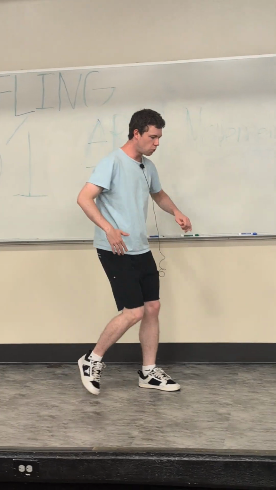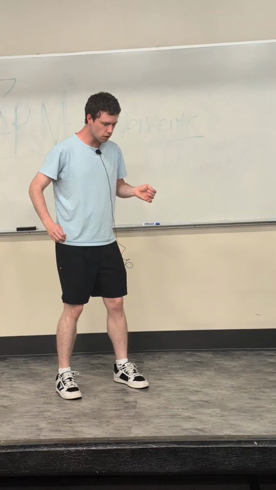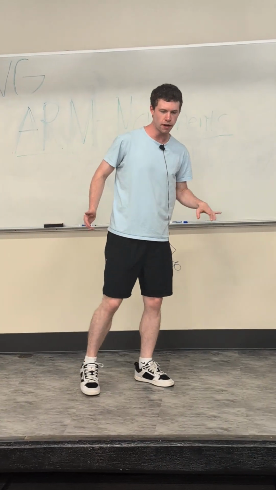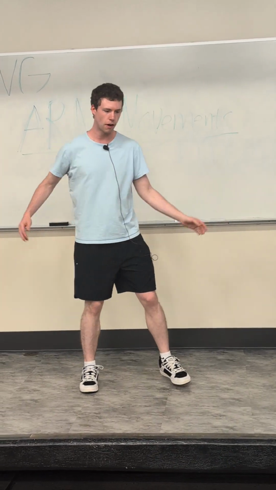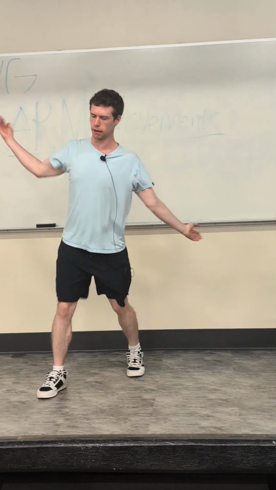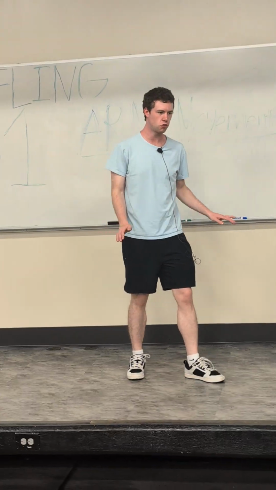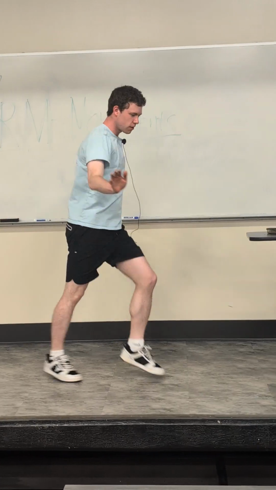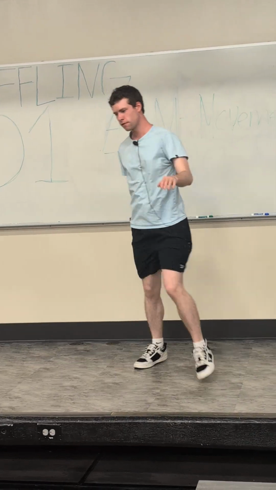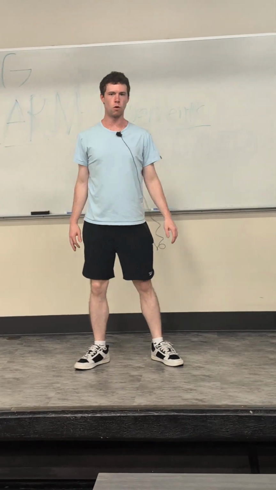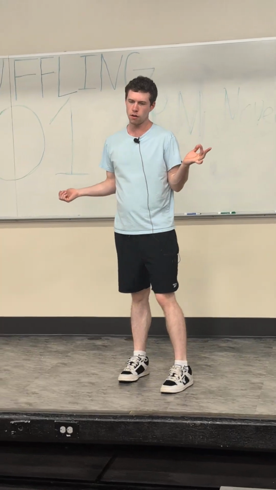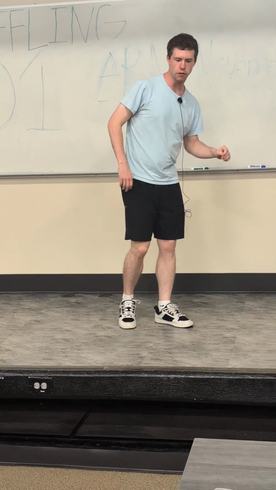Okay? So with arm movements, there's a couple. You can either fling your hands up like Bulldog, right? So like this. Or you can do a little control like Rocky. Or you can kind of go like a mix of the two, like Reese, and you go a little like this.